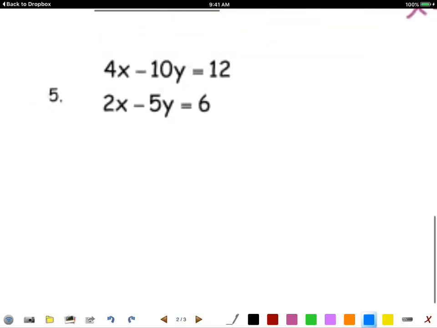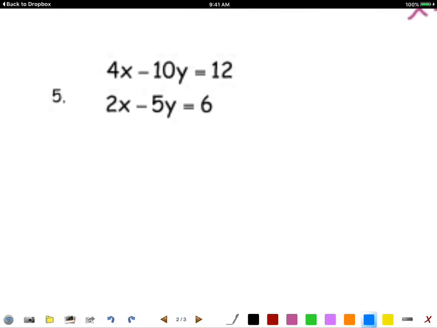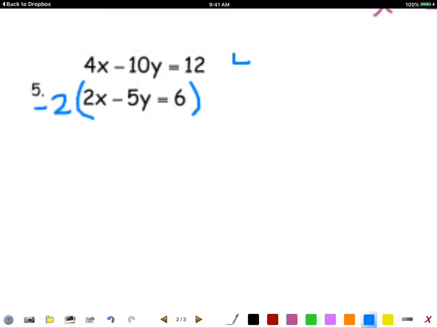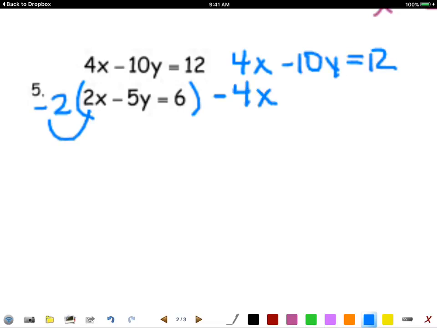Okay, so on number 5, what do you guys suppose that we should do here? Multiply the bottom one by negative 2. Okay, so leave the top one alone. The bottom one becomes what? Negative 4x. Then what?